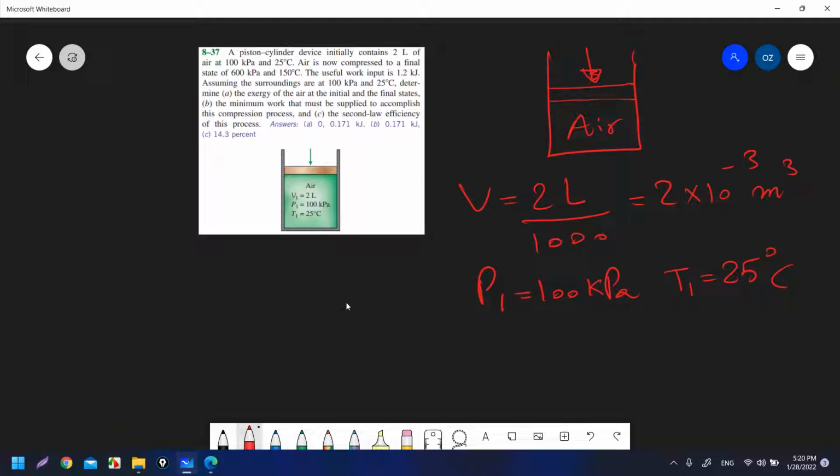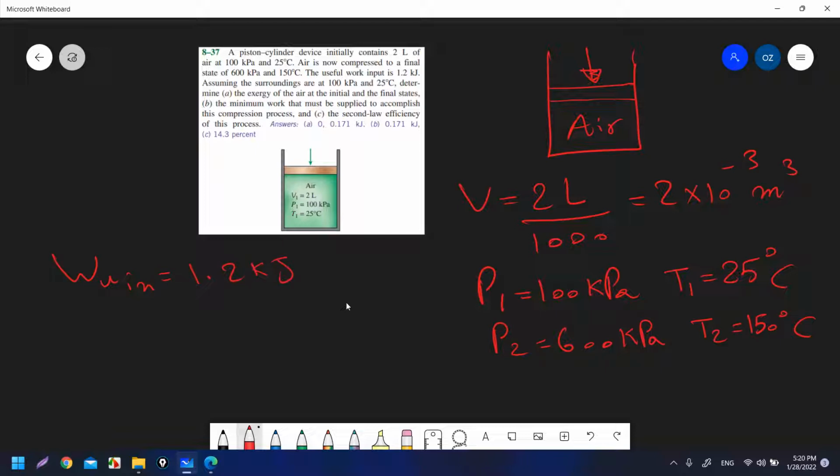Compressed to a final state of 600 kilopascal, so P2 is 600 kilopascal, and T2 is 150 degrees Celsius. The useful work input W useful in is equal to 1.2 kilojoule.